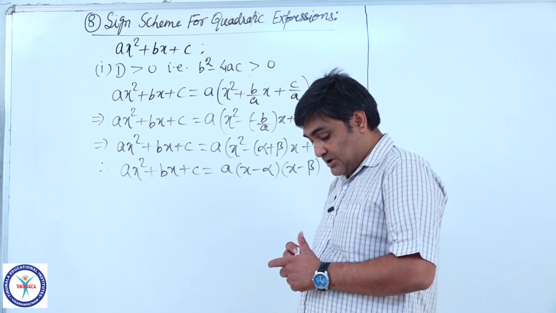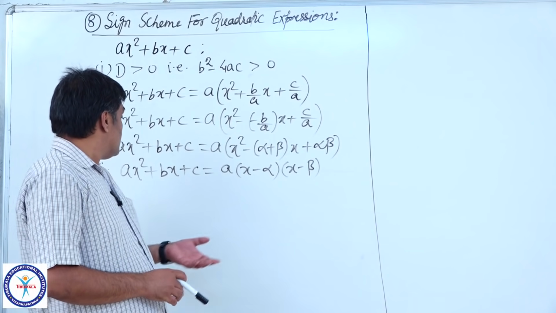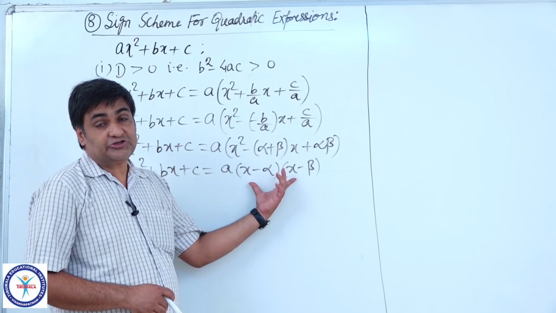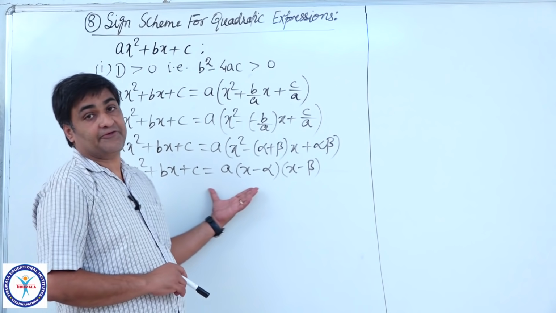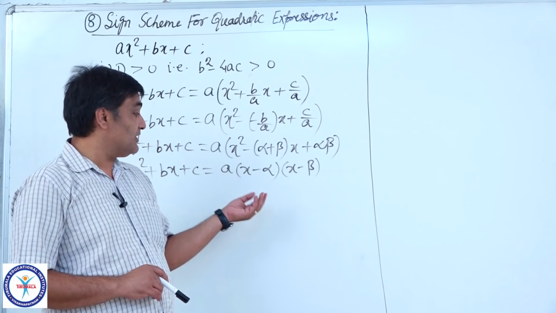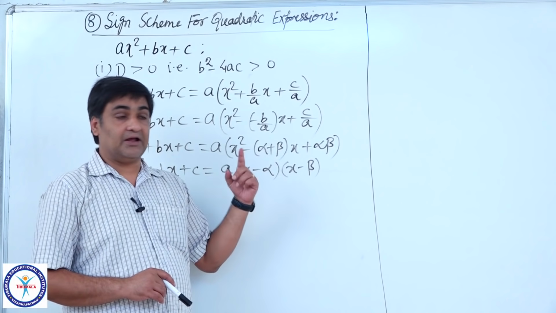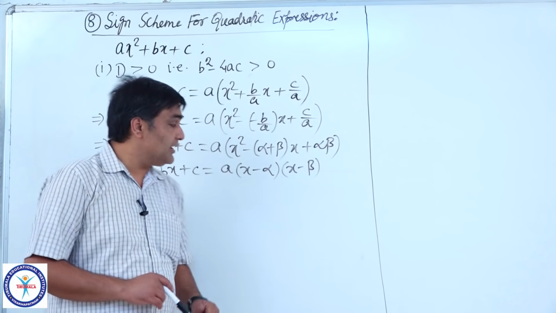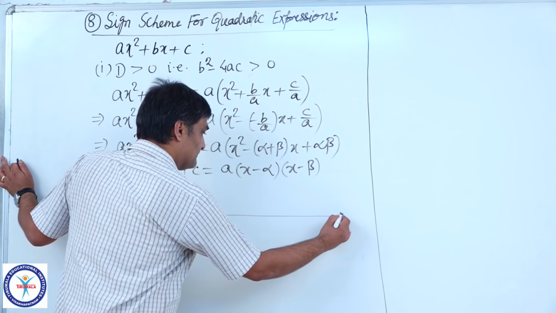Okay. Now, two real roots alpha and beta. As in the formation of equation, we have also seen that quadratic can be written like this, where a is the leading coefficient. Now draw the number line.